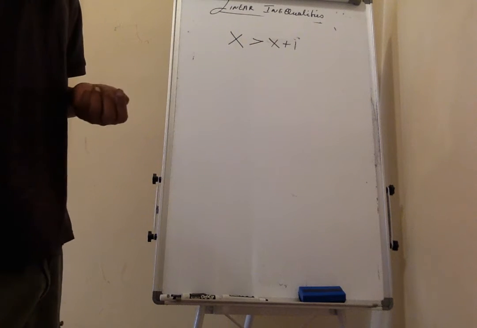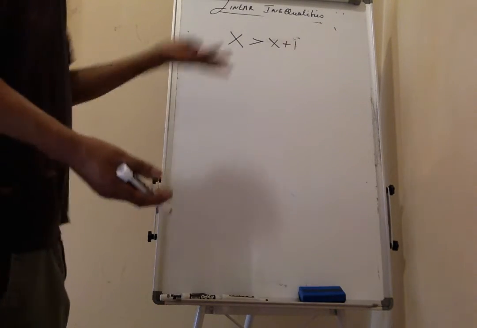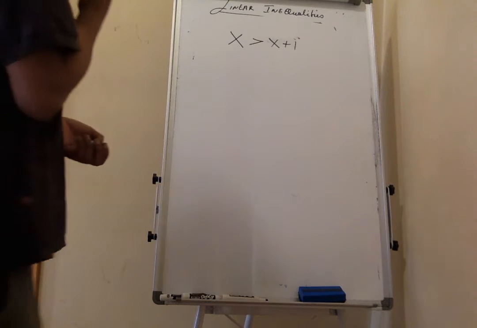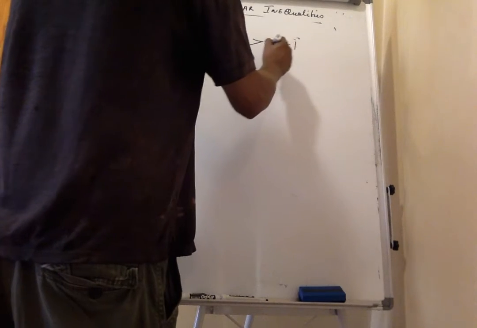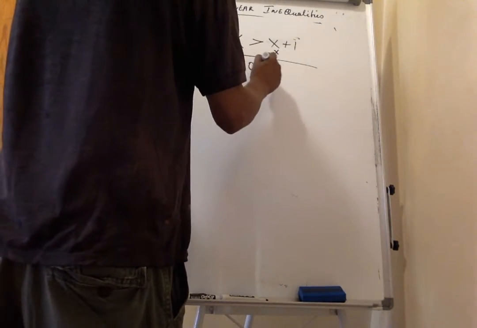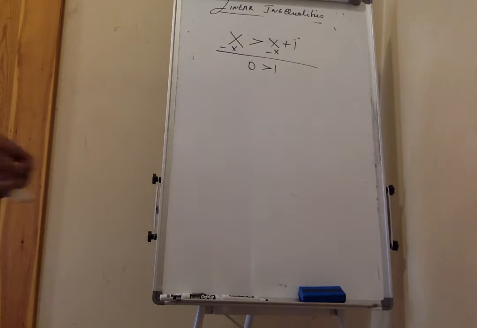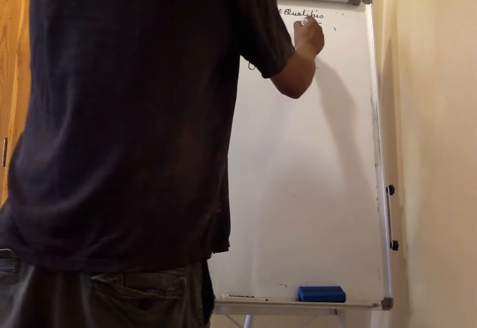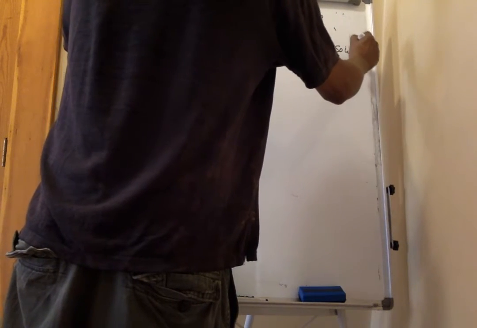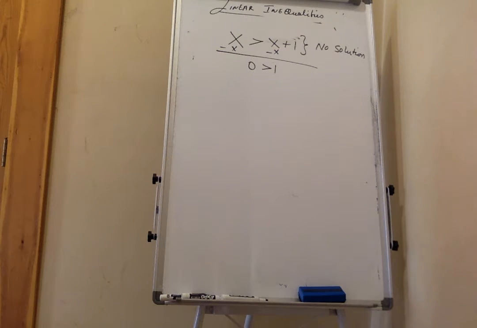So this statement doesn't make sense. In fact, just to prove it mathematically, if you take x from both sides, you end up with what? 0 is greater than 1. Then you can prove 0 is greater than 1 doesn't make sense. So this inequality, you would say what? No solution.